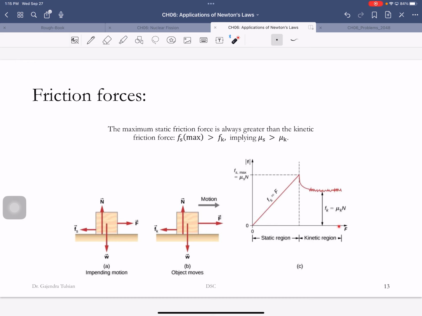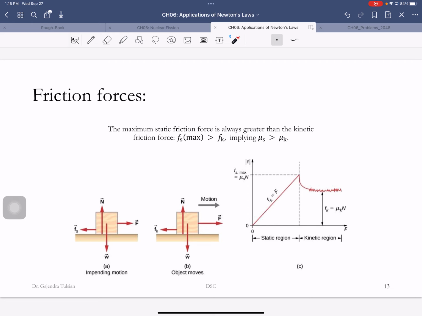And you see, no matter how large the applied force, the kinetic friction force is constant. Once the object starts moving, the friction force in this direction remains constant. It's independent of how large this force is. The larger this force is, since this is constant, the acceleration would be greater.